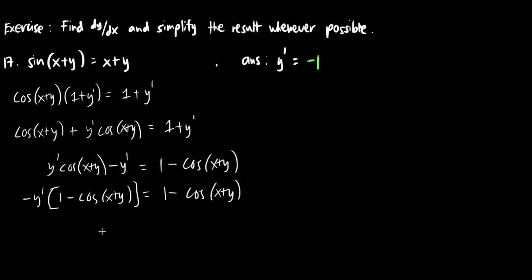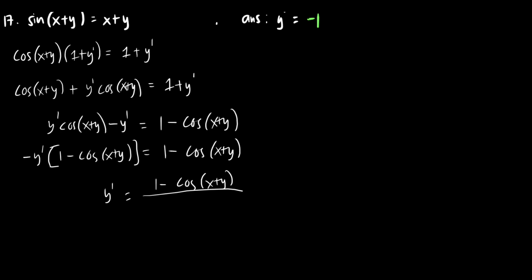So we'll now find y prime. So y prime is equal to 1 minus cosine of x plus y, all over, so we'll divide both sides by the negative bracket, 1 minus cosine of x plus y.